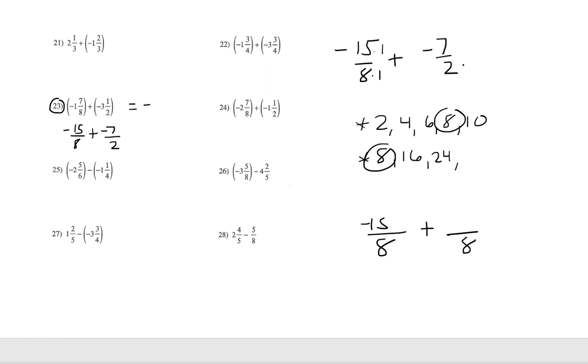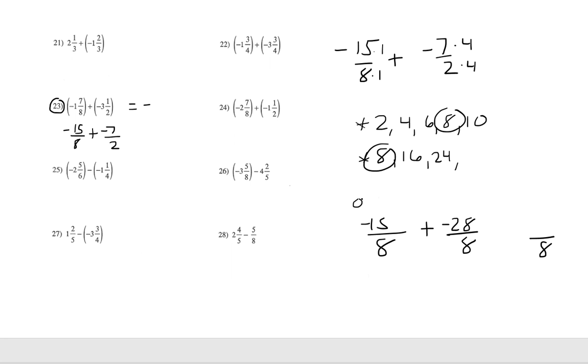To get from 2 to 8, we have to multiply by 4. Negative 7 times 4 is going to be a negative 28. Okay, and now we just keep the denominator the same, and a negative 15 and a negative 28.